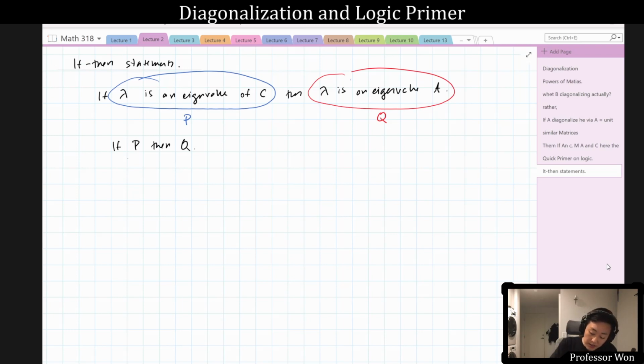You can also say this means the same thing as P implies Q. If P is true, then Q is true is the same thing as P implies Q, or it's sometimes written like this. These all refer to the same structure of sentence. If P, then Q. P is called the hypothesis, and Q is called the conclusion.